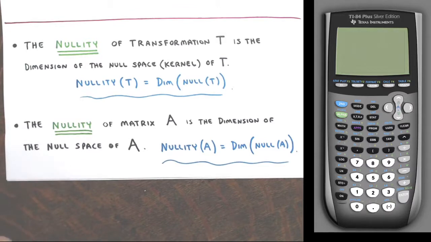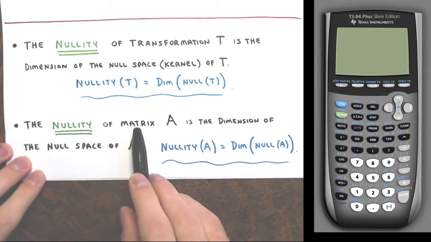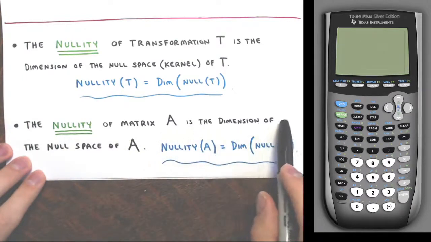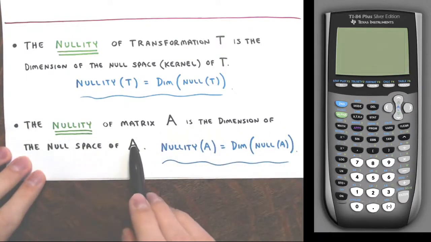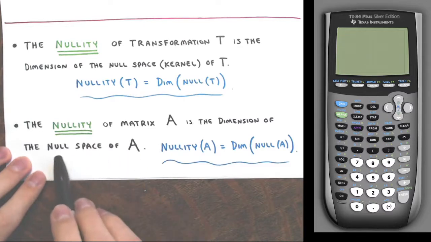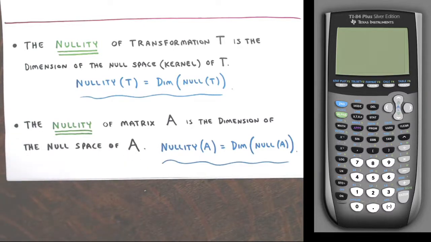And very similarly, this is very closely related to the null space of a matrix. I put up a video a while back now on finding the null space of a matrix. The nullity of a matrix A is the dimension of the null space of that matrix. Now remember, the null space of a matrix was the set of all vectors that, when multiplied by that matrix, give me the zero vector back as an output.